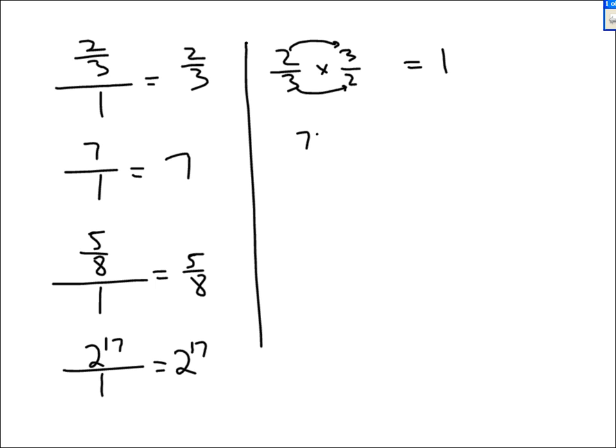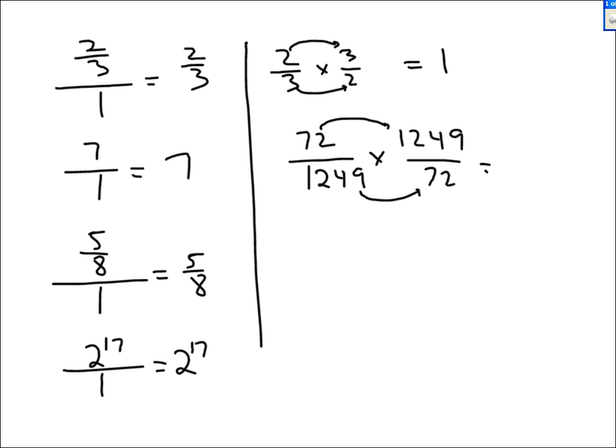If you have 72 divided by 1249, well, if I multiply by 1249 over 72, now most people have no idea what 72 times 1249 is. And I'm on top of that list. I have no idea what that is. But I know one thing.